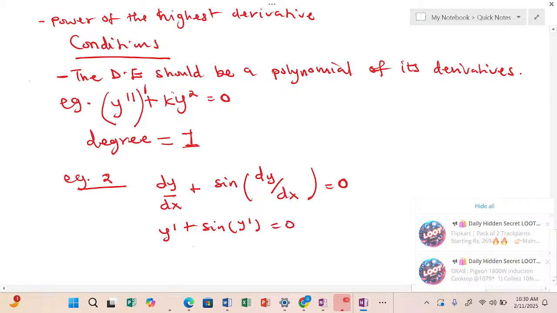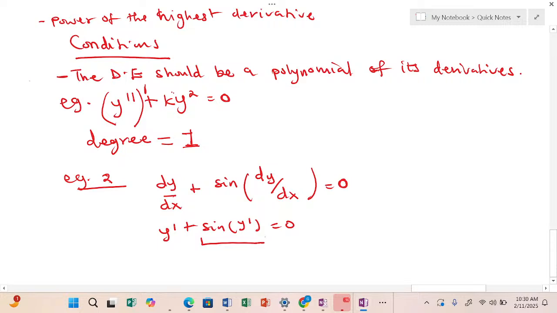Now, you can see we have a transcendental function here with the argument being y prime, and that is actually the derivative of the dependent variable. And remember that when we're talking about linearity, a differential equation fails to become linear if the argument is the dependent variable. That's when we have a transcendental function.